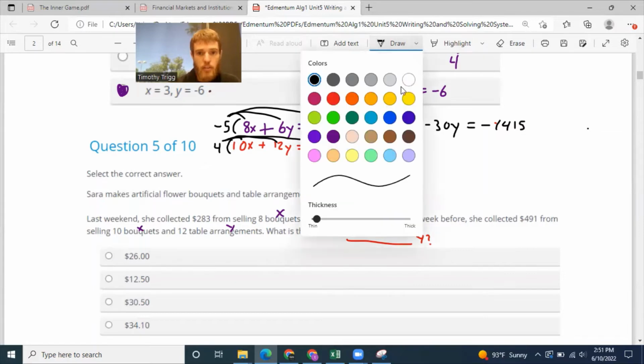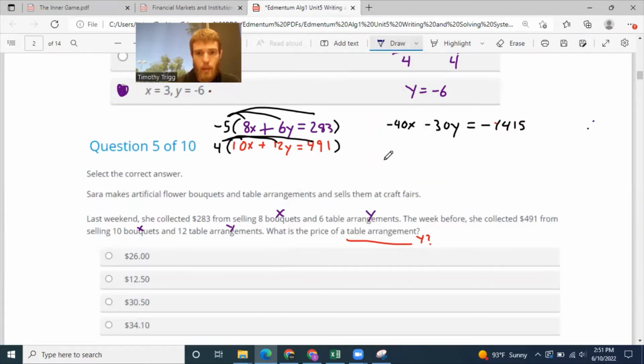For the bottom equation, I'm going to change colors here. That's going to give me 40x plus 48y equals 4 times 491. I have my calculator here, it is 1964.